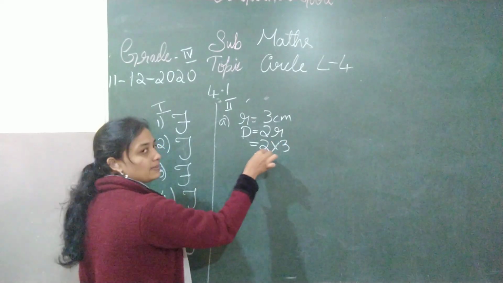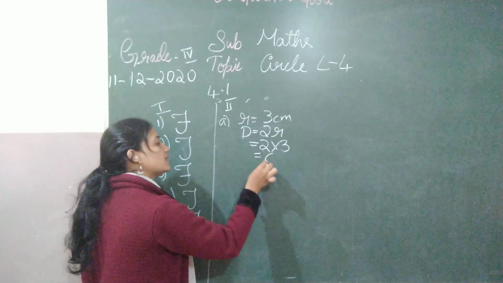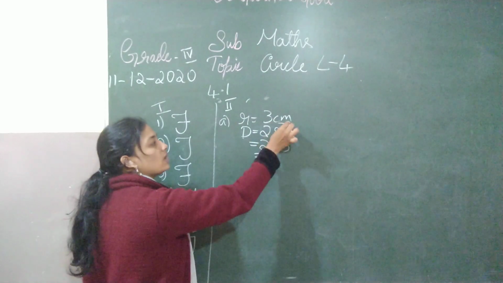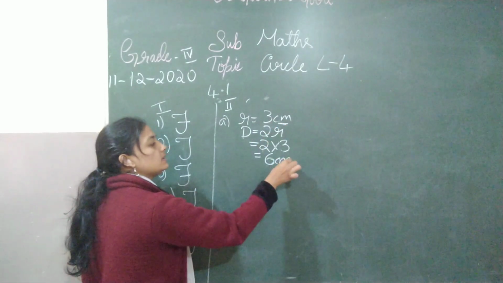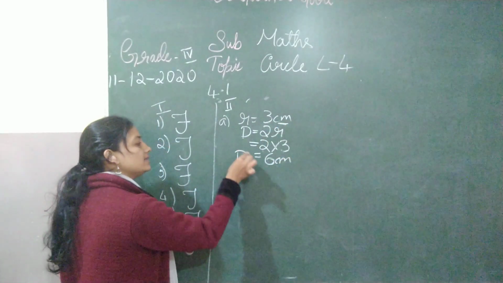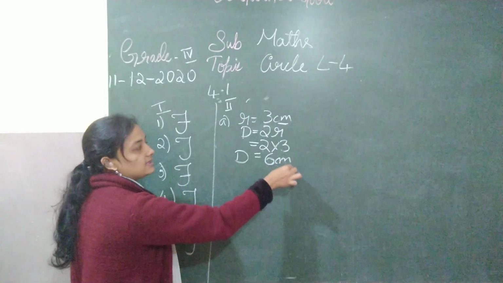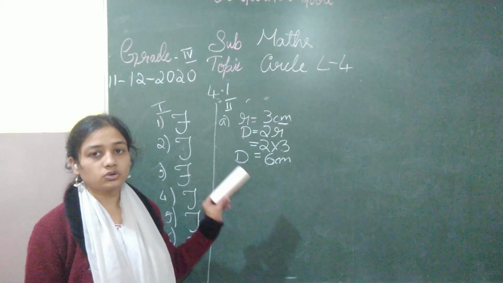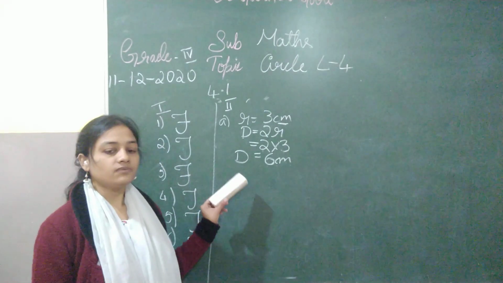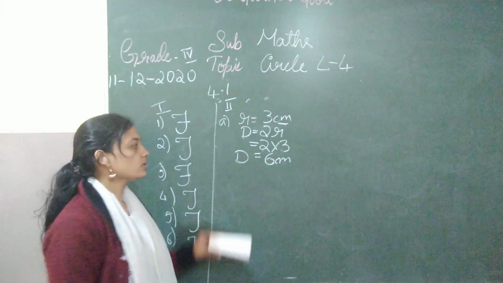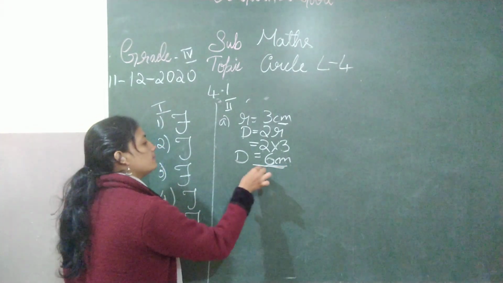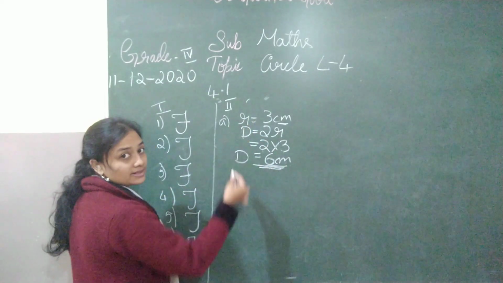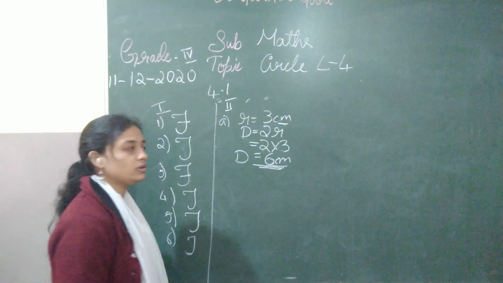Now what is the multiplication answer? 3 2s are 6, and you have centimeters here, so you should write centimeters also. So diameter is equal to 6 centimeters. These are the steps you should follow to find the answer. For now, in the textbook you can write only the answer, but in the classroom you should follow all the steps. I will be sending it in the Google Notes.